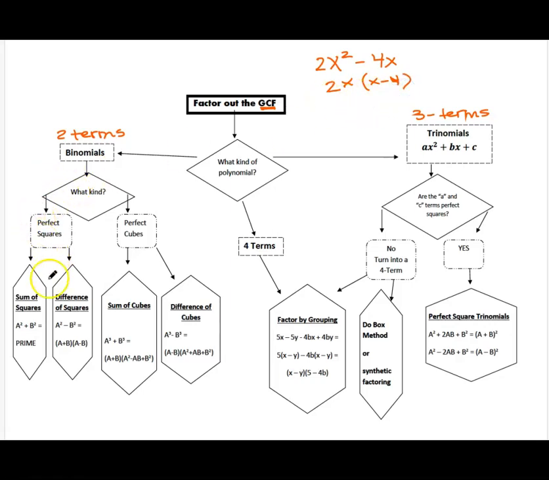So what you're looking for is, do you have something squared plus something squared, or something squared minus something squared? Now, a sum of squares can never, ever, ever be factored. And that we call prime if it's not factorable.